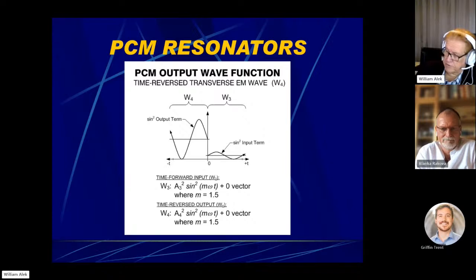This is your output. This is what you see on oscilloscopes. This is for real. There's nothing here that's really made up. These technologies have been measured, and you see this time-reversed output on the sine squared term here.